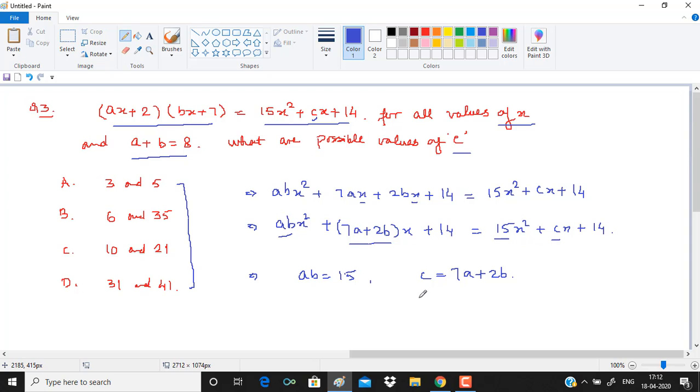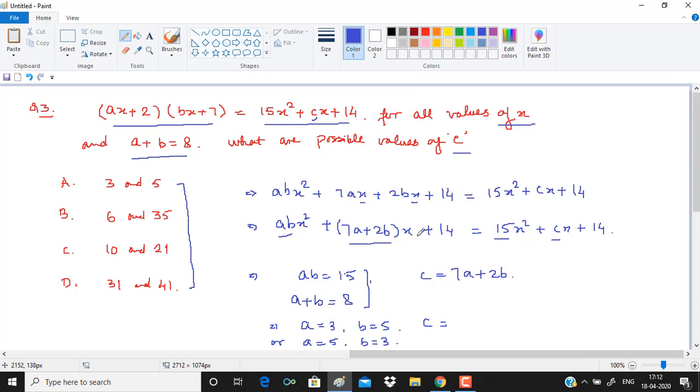So we will just try to find the values of a and b first of all. Here a plus b is given as 8 and the product is 15. So we can easily deduce that a is 3 and b is 5, or a is 5, b is 3. So we have two cases for c also.